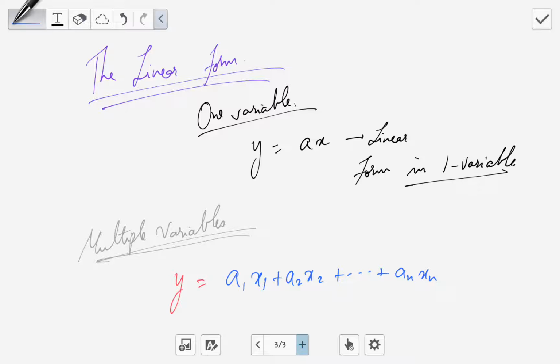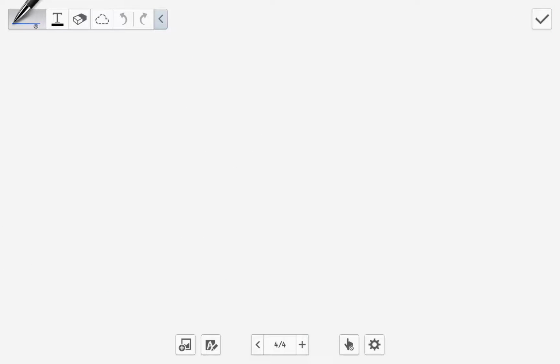The motivation here is we wanted something like this, rather than what we have in the multidimensional case, which is a1 x1 plus a2 x2 plus so on up to an xn.